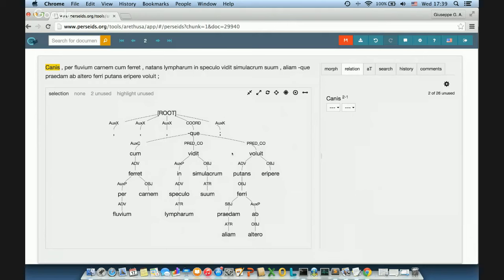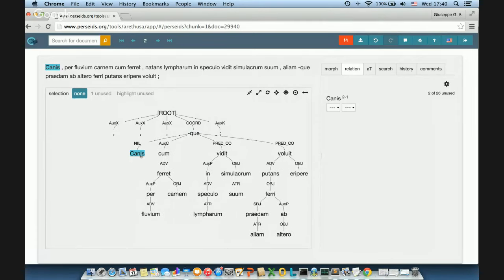I mean, it is always the canis, the one who saw and wanted, right? In our formalism, this is not the only possible way that we can annotate this phenomenon, but what we decided to do, again, this is a matter of choice, is to take canis and again attach it to que.